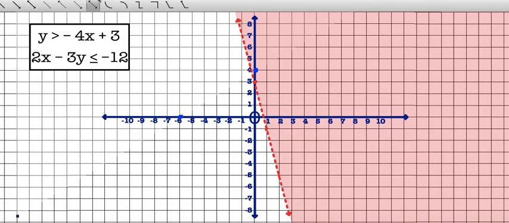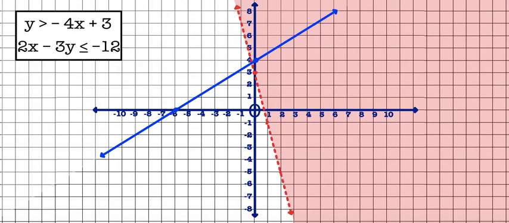And because we have less than or equal to, we're going to draw a solid line. So in order to know which side we should shade, again, we're going to substitute x and y for 0, 0.